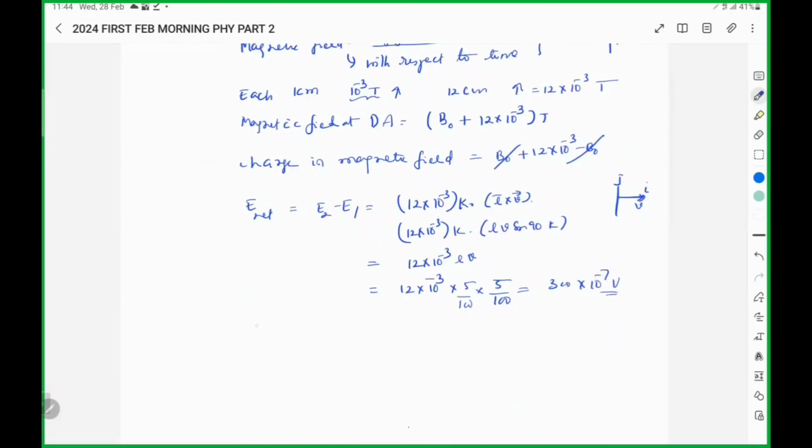So there is, with respect to time also, magnetic field is changing. This is also additional information what he given.